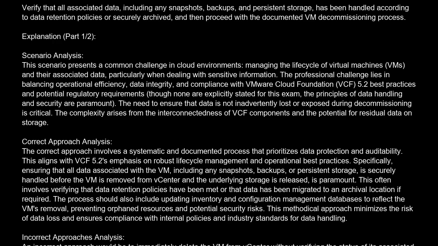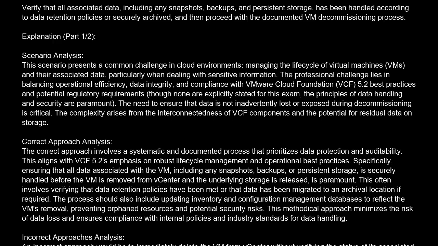Though none are explicitly stated for this exam, the principles of data handling and security are paramount. The need to ensure that data is not inadvertently lost or exposed during decommissioning is critical. The complexity arises from the interconnectedness of VCF components and the potential for residual data on storage.